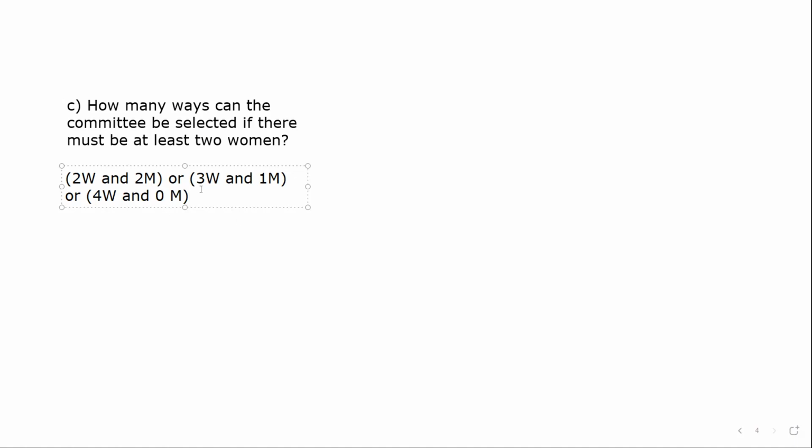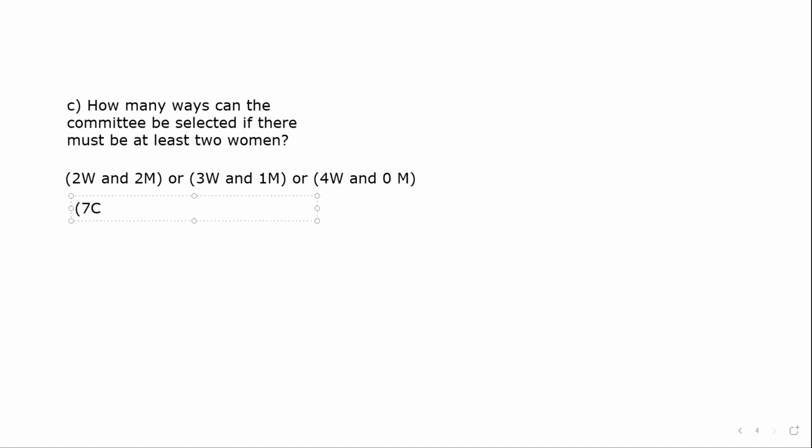Okay, so we already calculated part of this. But if you want to write it, then this is going to be from the 7 women, from the 5 men. Sorry, this is women, so 7. I'm going to write it in the same order that I wrote it.